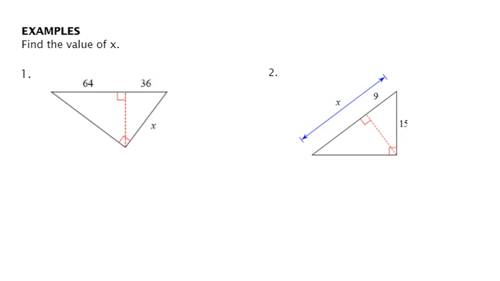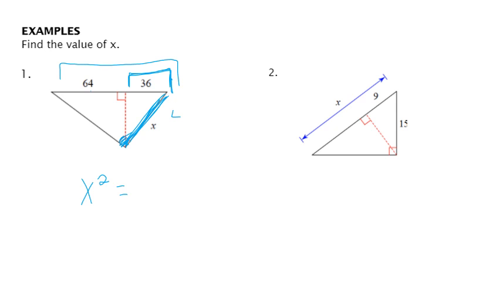So in this first example, again, I'm going to locate the right angle for the big triangle. I see x comes from that. It happens to be, though, a leg. So I'm going to say x squared. And my two segments are not going to be 36 and 64. It's still going to be 36, so I'm going to do the small piece that goes with that triangle and then the entire length.